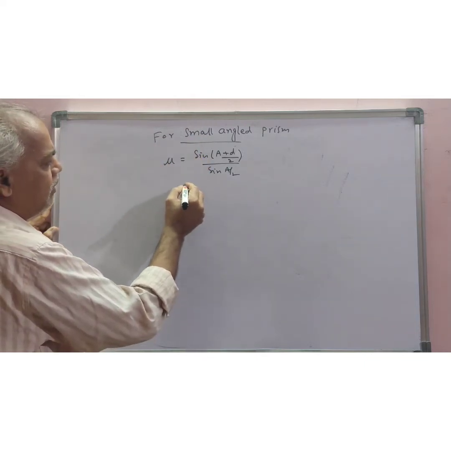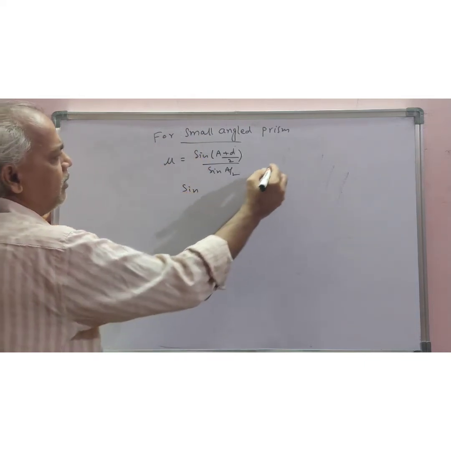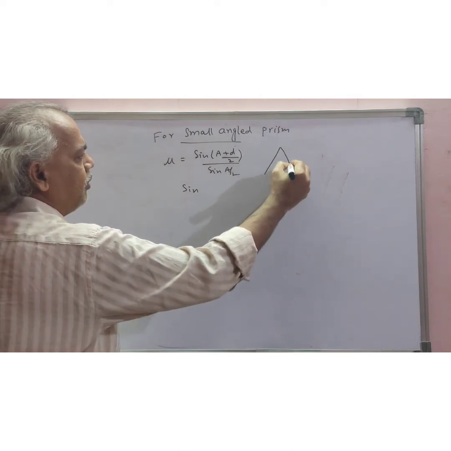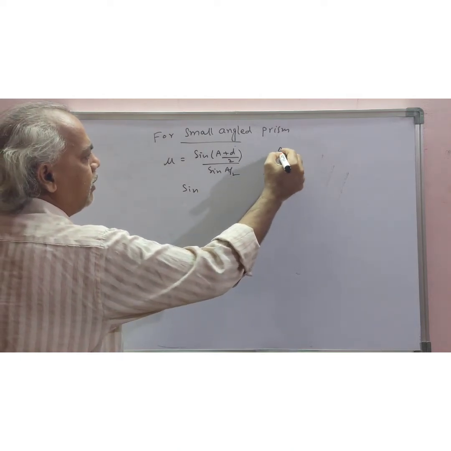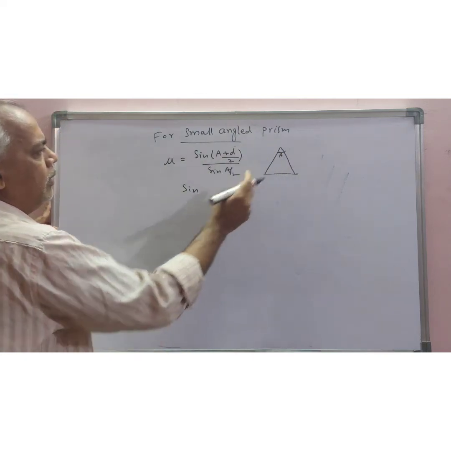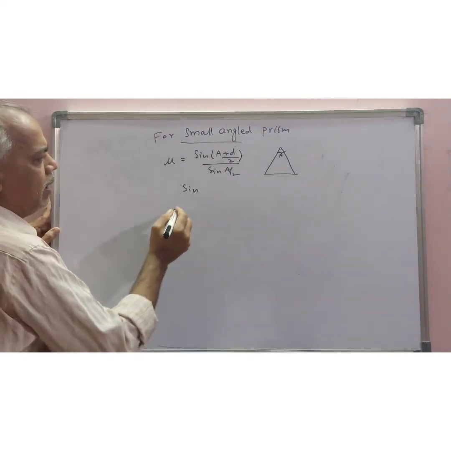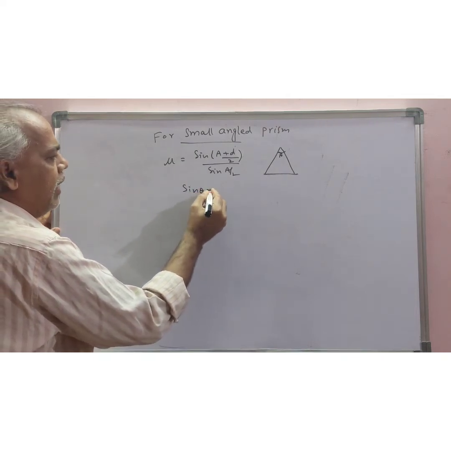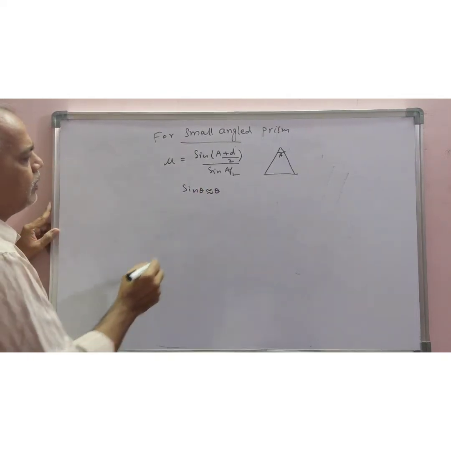Small angled prism means the angle of prism is very small, about 4 degrees, 3 degrees or 5 degrees. It is the angle of prism, very small. Then we can take sin θ as θ.